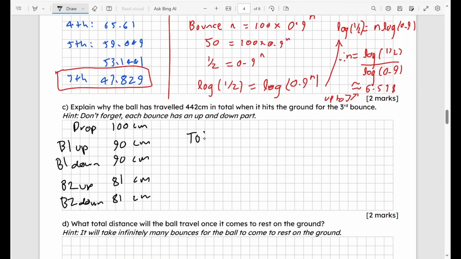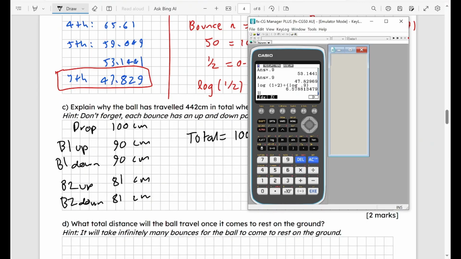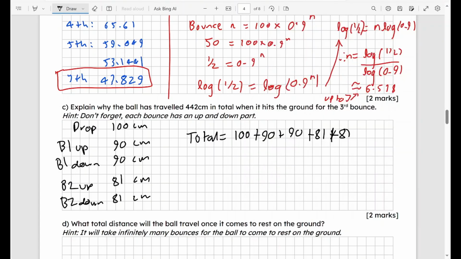So total is going to be 100 plus 90 plus 90 plus 81 plus 81. See what that is. 100 plus 90 plus 90 plus 81 plus 81. 442. Cool.